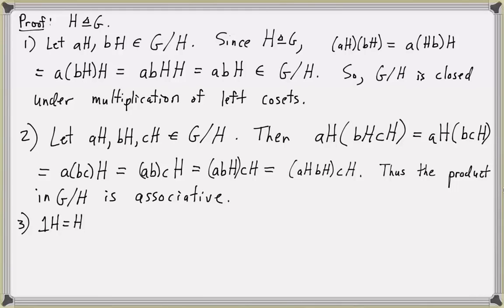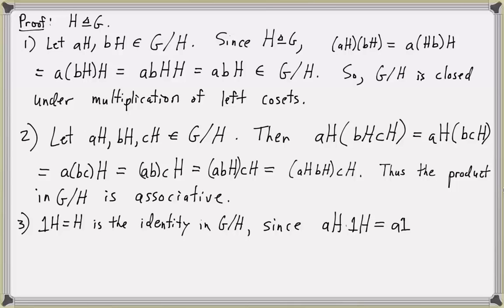So 1H, or H, is the identity in G over H, since aH times 1H equals a times 1H, which just equals aH.